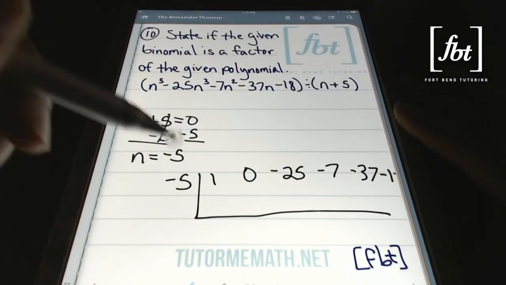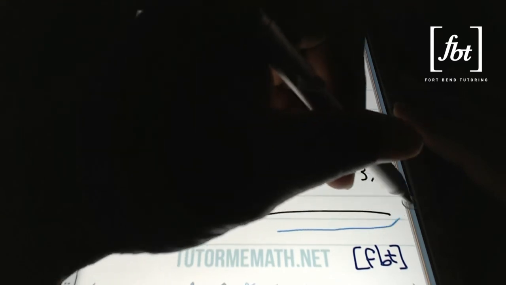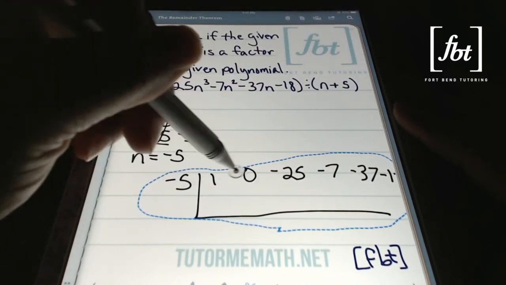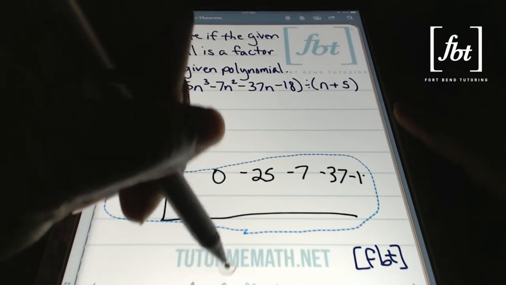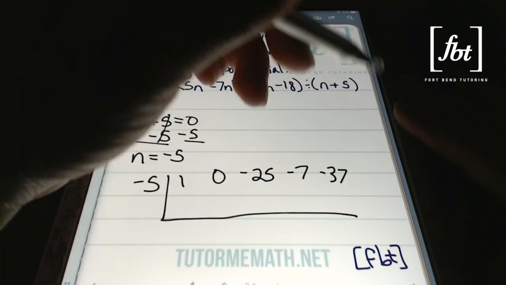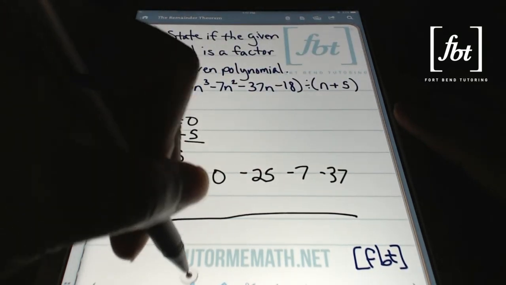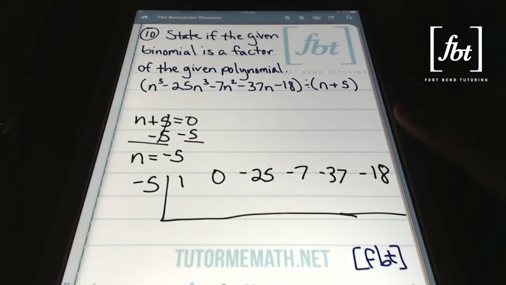We have a lot of room that is needed for this problem, so we're going to move this over here and extend it to get things in order.